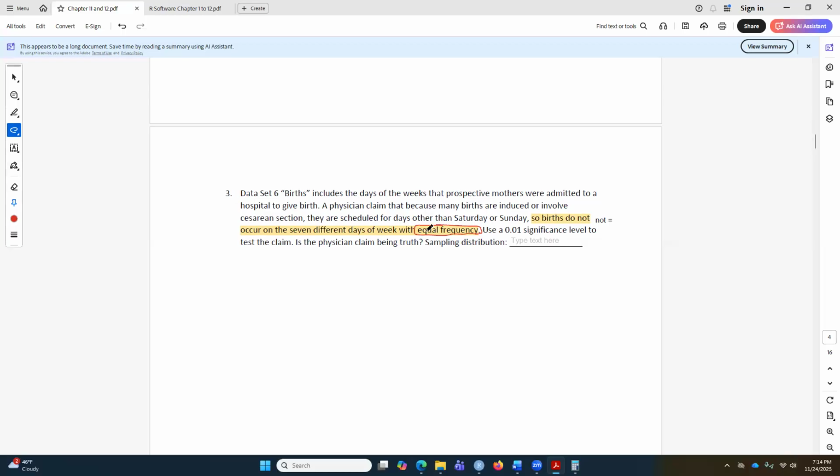When I ask for equal frequency, it means that Monday, Tuesday, Wednesday, all the days have exactly the same probability. So if you want the probability of Monday, it's the same as the probability of Tuesday, Wednesday, Thursday, Friday, Saturday, Sunday, which is 1 out of 7. Because there are 7 days in a week, and one of them is 1.